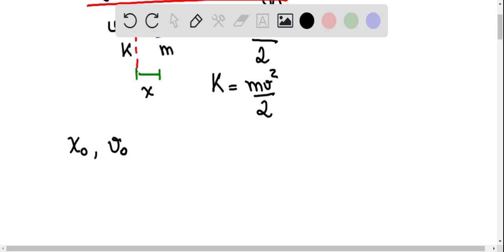And our goal is to find, using energy methods, what is the maximum value of the velocity v, and in question B, what is the maximum value of the stretching x.